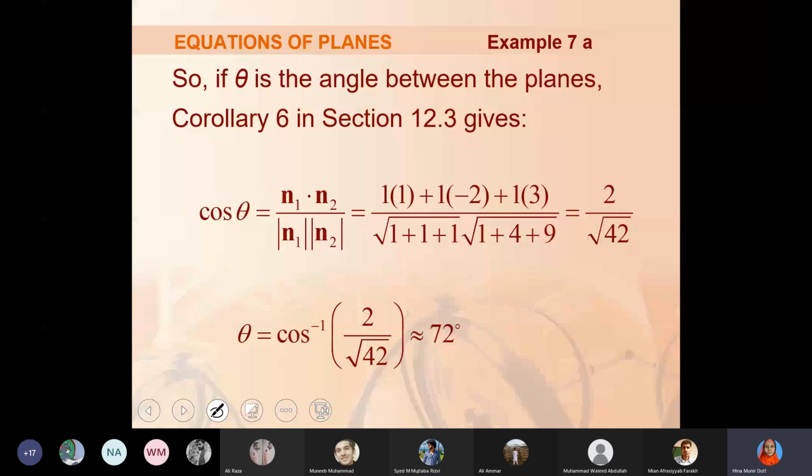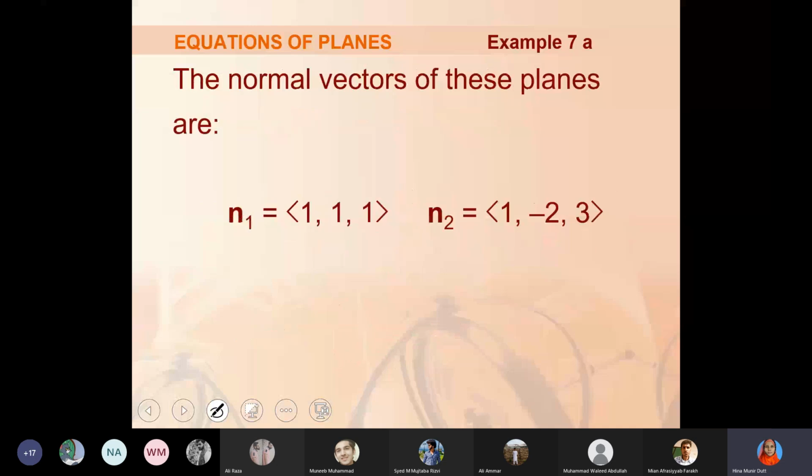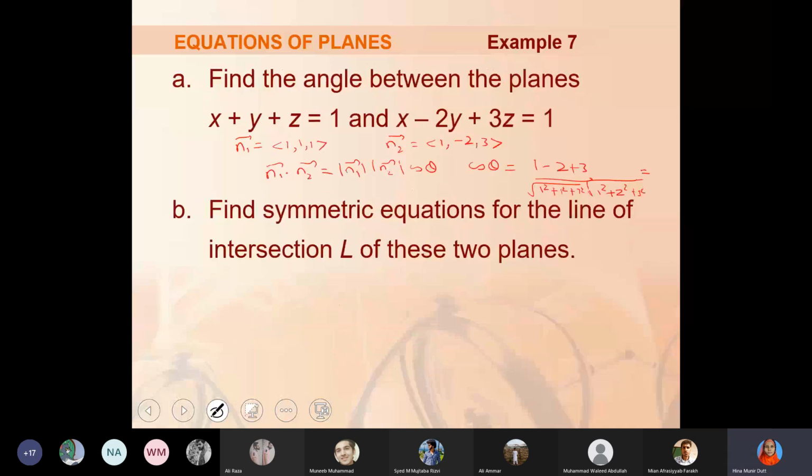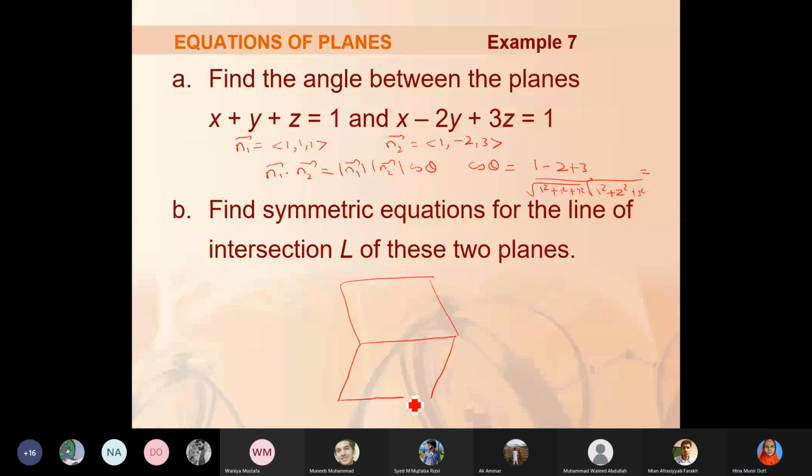Okay, very simple. Now the real thing is to find the symmetric equation for the line of intersection of these two planes. These two planes are intersecting in a line. This is the intersection of the planes. So how to find the equation of this line L?